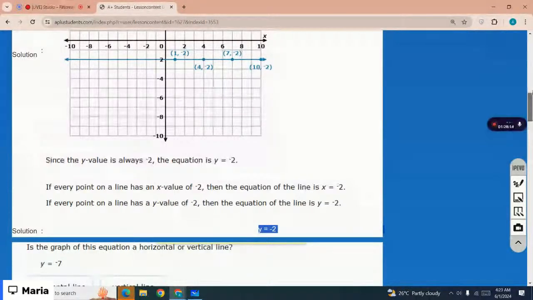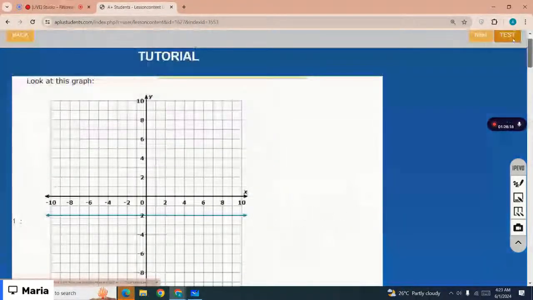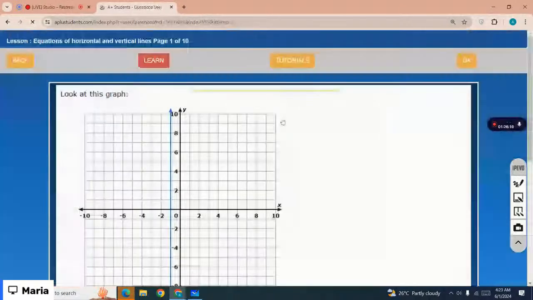Okay, let's just start with the practice questions. Okay, look at this graph.